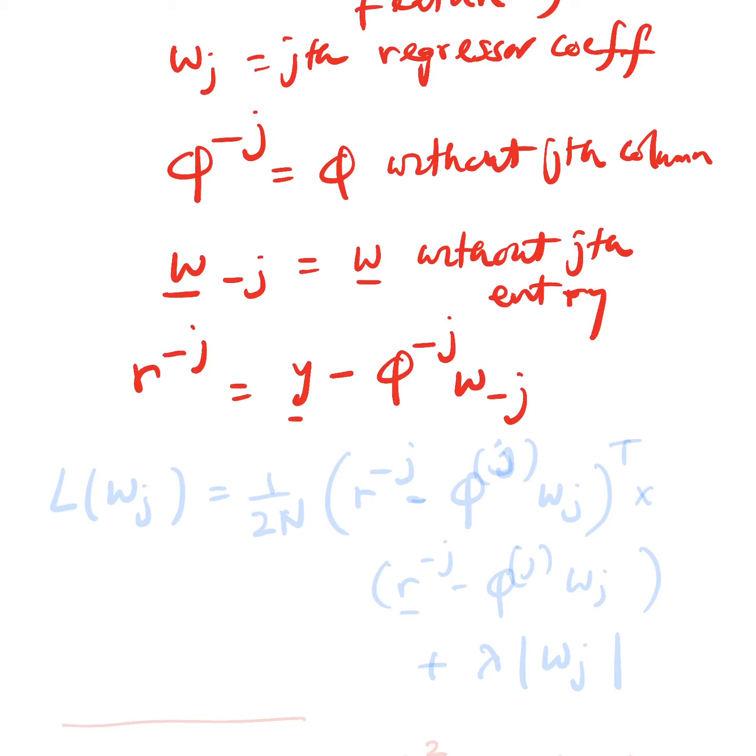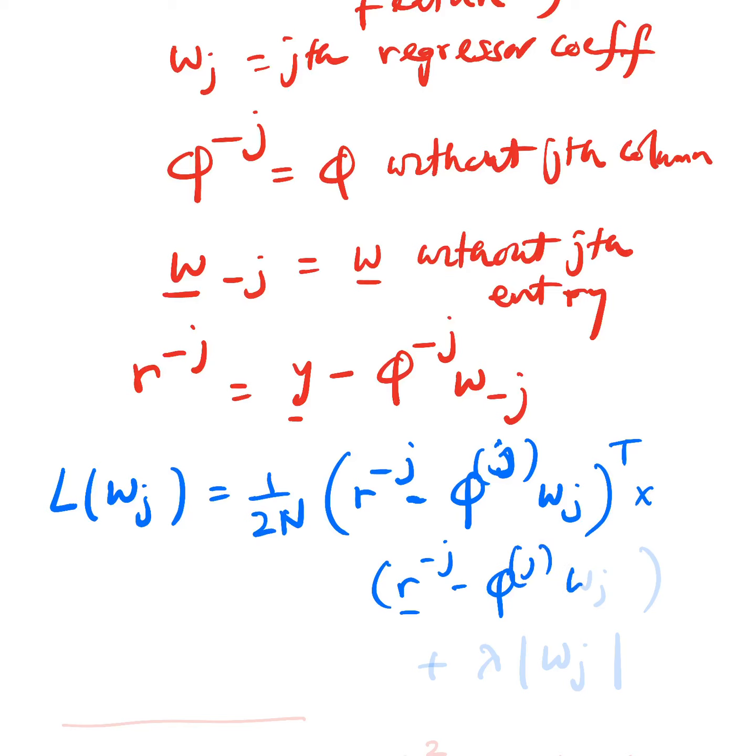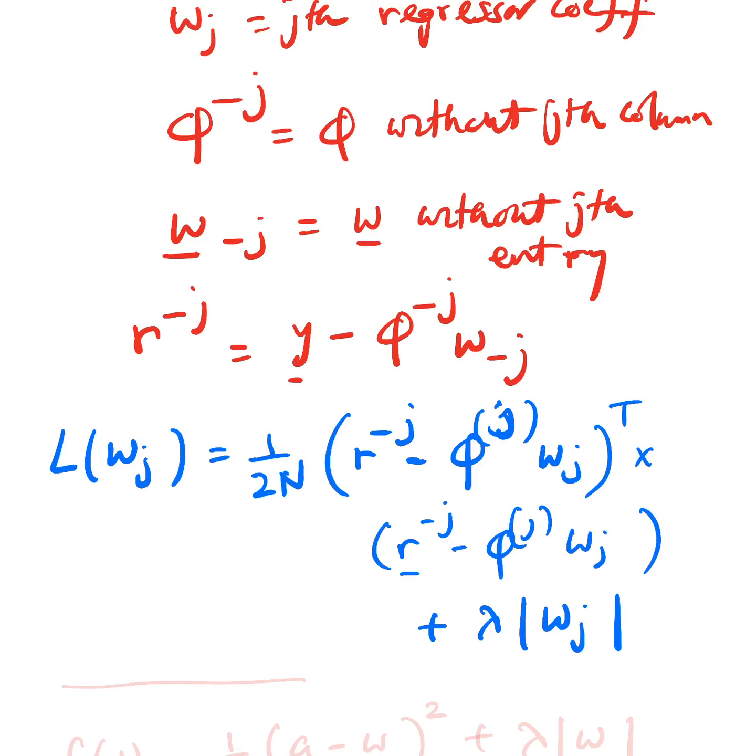And the cost function that we want to optimize over wj now, keeping everything else frozen, is 1 over 2n, that's that normalization, times the error itself, which I'm writing as the residual without the jth term minus what you can do with the jth term, times itself, basically the L2 norm I'm talking about, plus lambda times the magnitude of the jth coefficient. And this is what I want to do a 1D optimization over.